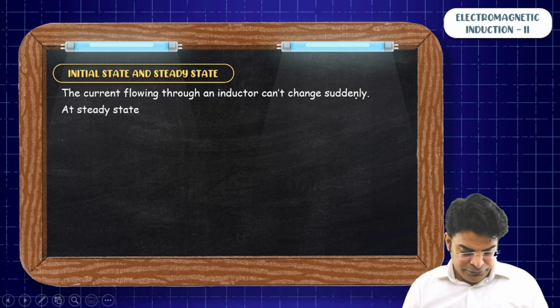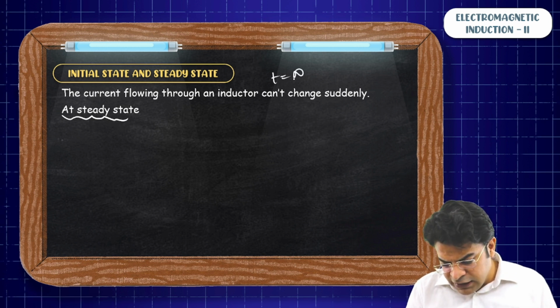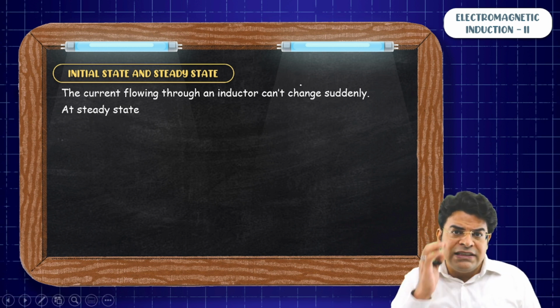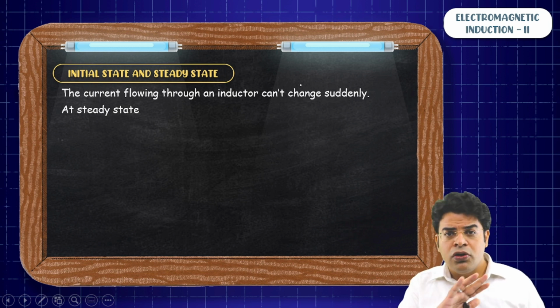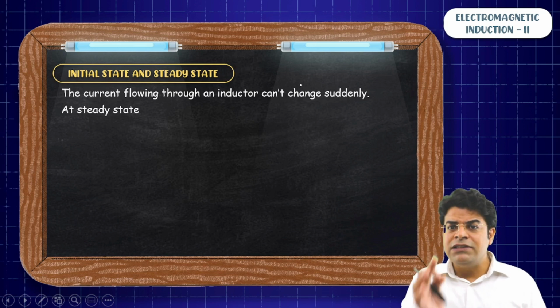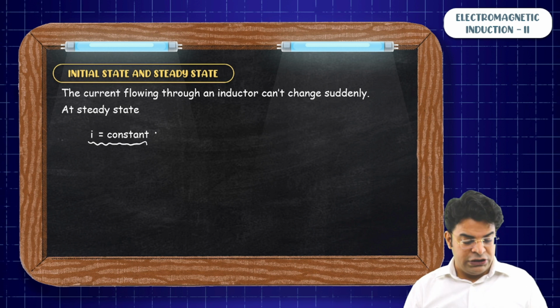The second point, at steady state, also called at time equals to infinity. What is the meaning of steady state? Sir, steady, not varying anymore. So once the circuit attains a steady state, the current in the circuit becomes constant.